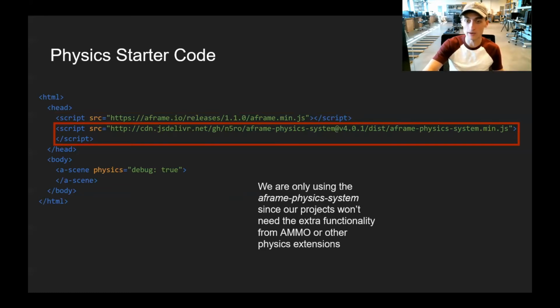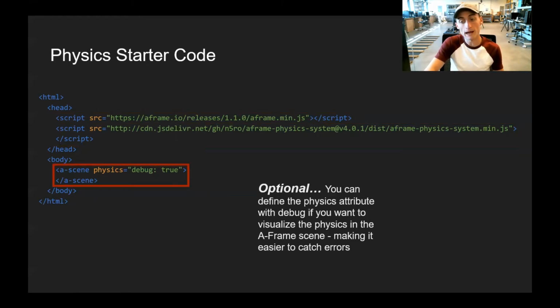But that's okay because the A-frame physics system still provides a lot in terms of physics and collisions. Now, obviously you need your a-scene element, but if you want to add the debug true property, you can go for it. I would recommend it because it helps you catch physics errors or errors in your code. I think debug set to true also shows you the shape of the colliders for each of the objects as well. So you can add the debug true if you want or not, but I would recommend it.